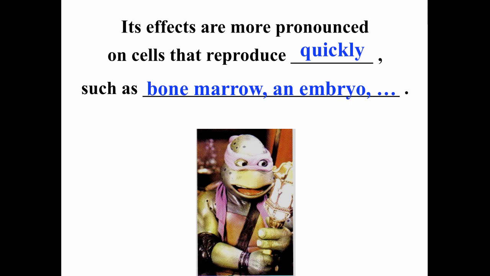Therefore people who have radiation treatment get achy bones, get nauseated because their stomach lining, which also reproduces quickly, gets damaged, and it's why you don't want to have radiation treatment if you're pregnant. Oh, and why they lose hair.